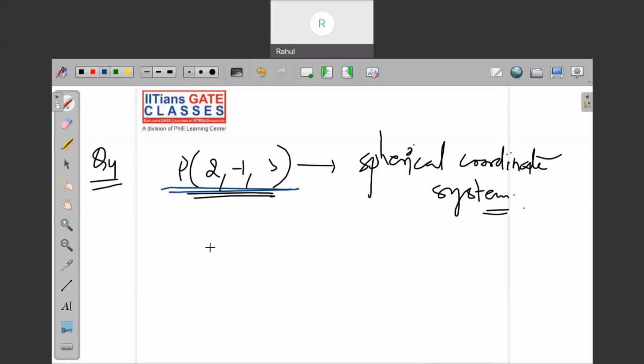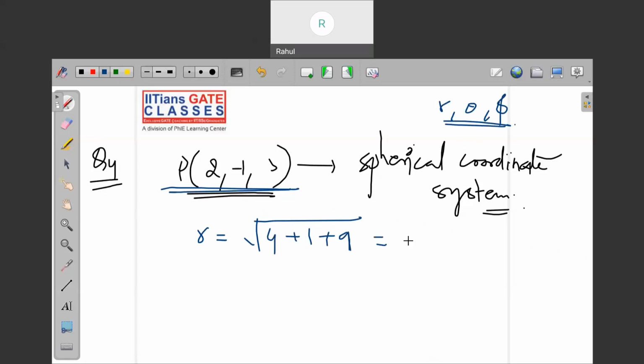So how can you find r here? You have to find r, theta, phi. So r is just the square root of 4 plus 1 plus 9, which is 14, approximately 3.74.